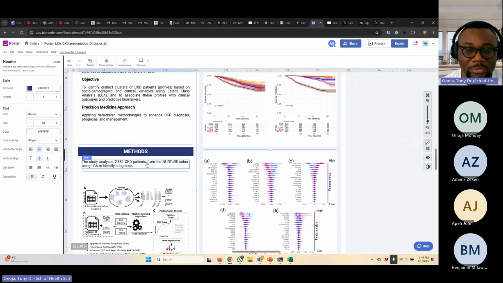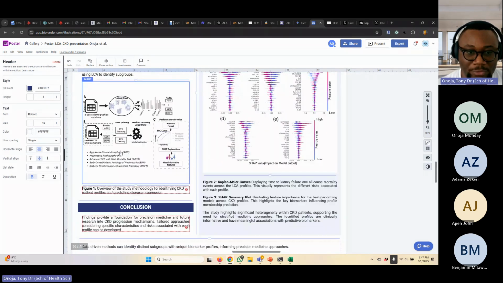But when it comes to the figures, when I was designing this figure here, I have to make sure that I keep a font size that, when they print it, will be bold enough for anyone to read from a certain distance. So there are figures that if you are at a certain distance, you cannot read the font size, because it will be small.